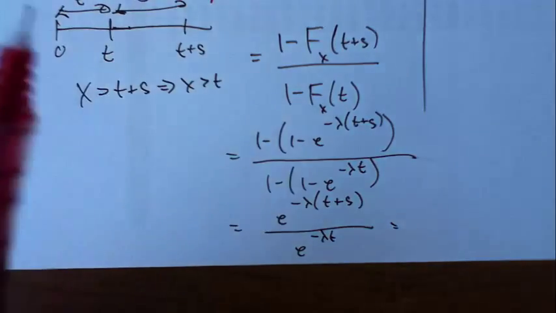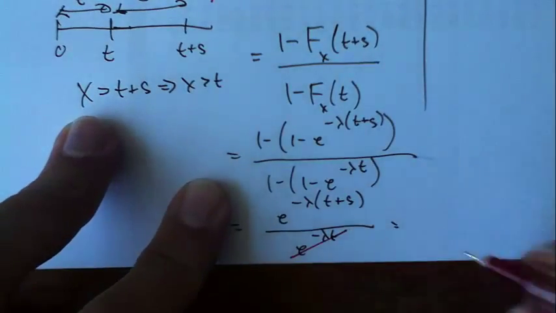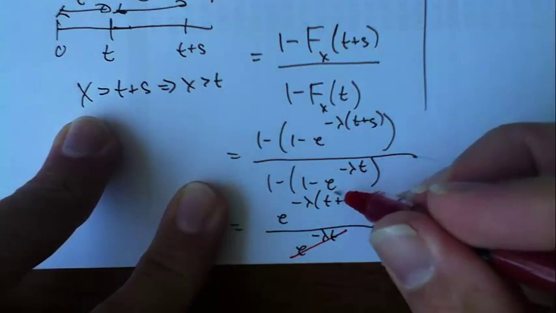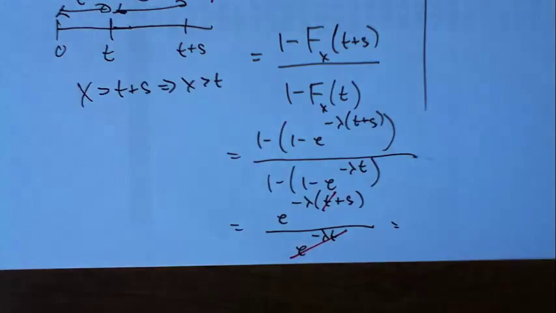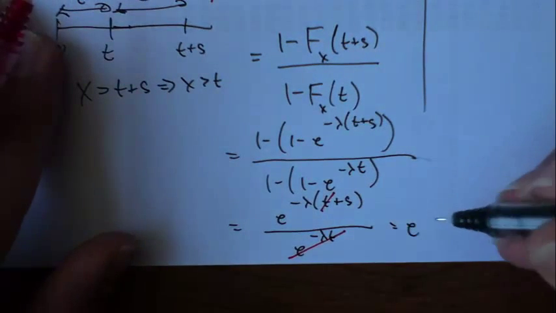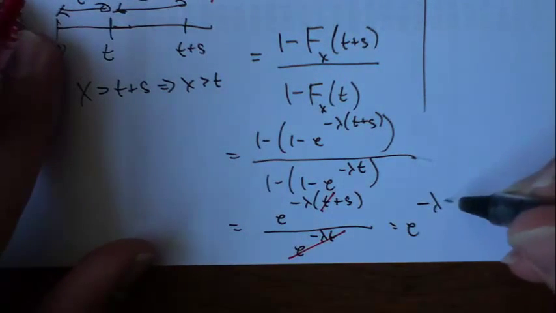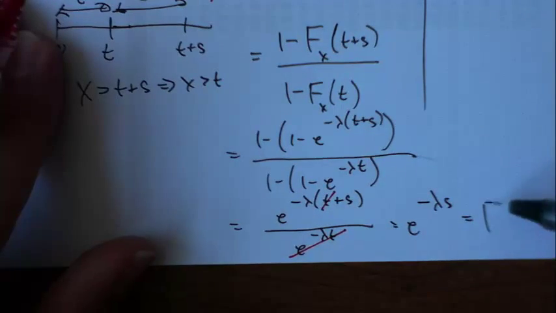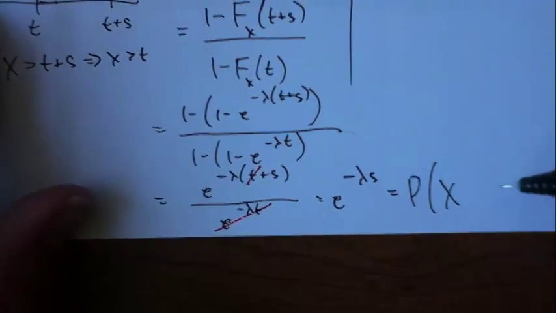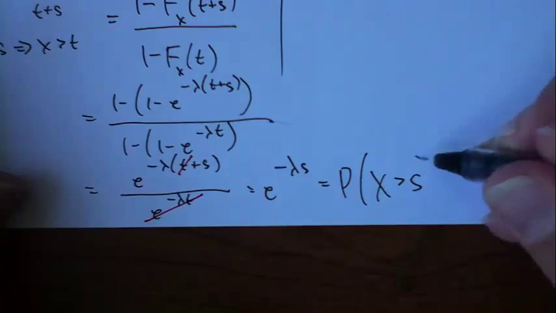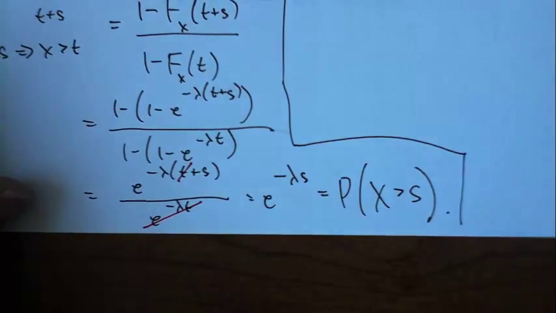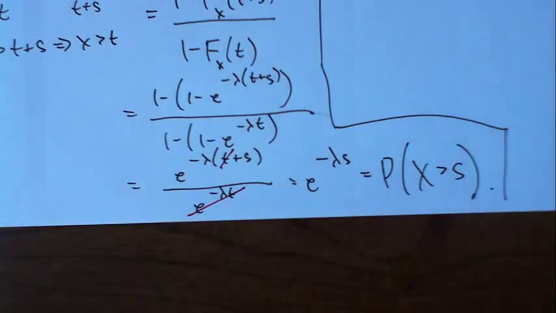This cancels, so the final answer is just e to the negative lambda s, which is in fact the probability that X exceeds s. Very, very special and important. You have to know this.